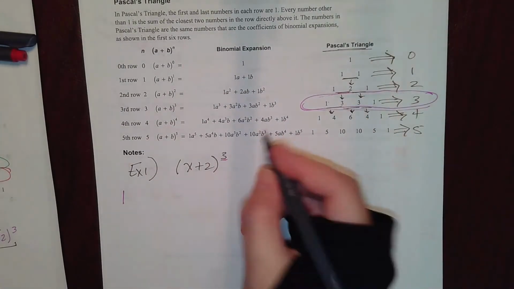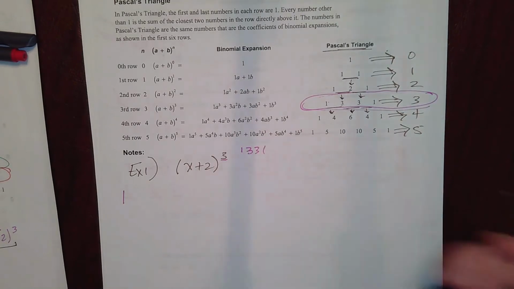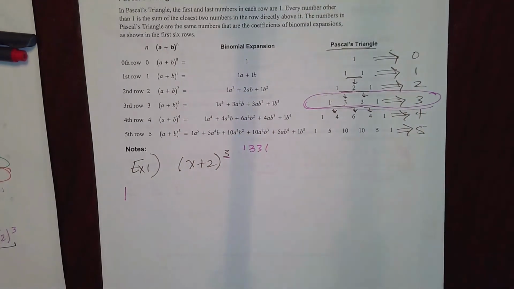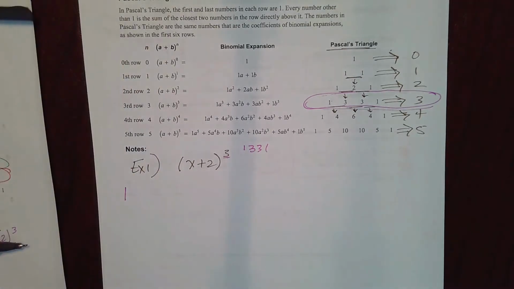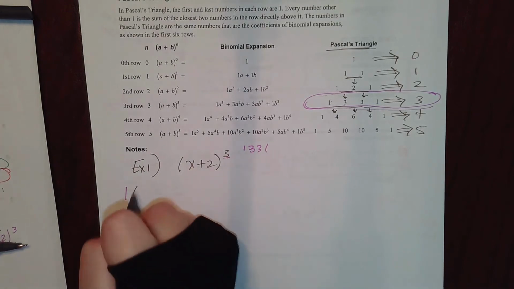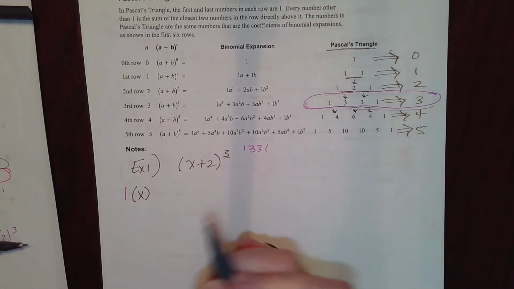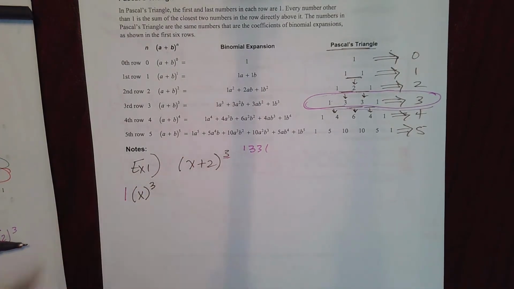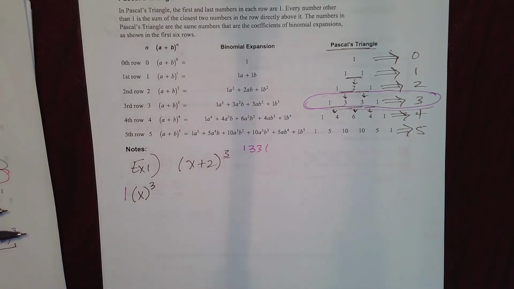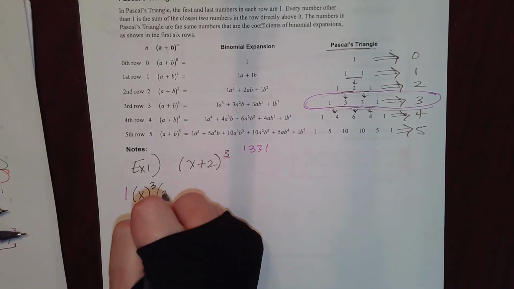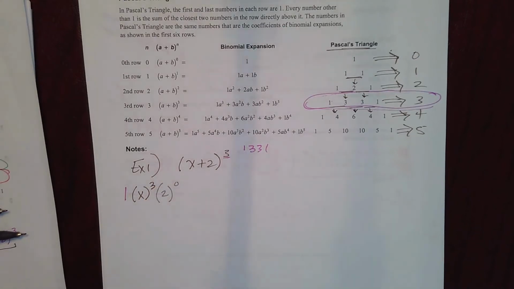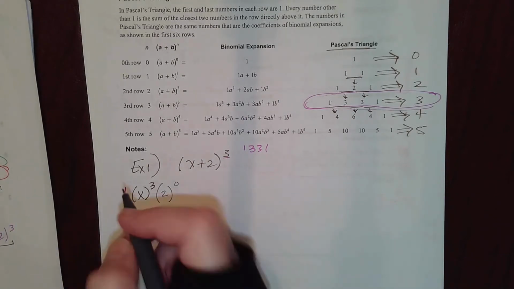So I'm just going to write 1, 3, 3, 1 up here. That's my pattern. And then you do this little trick, if you will. You take the first term of your binomial, in this case an x, and raise it to the highest power. Then you take the last term, which is a positive 2, and raise it to the lowest power, in this case 0. Let me write that down so you can see this.